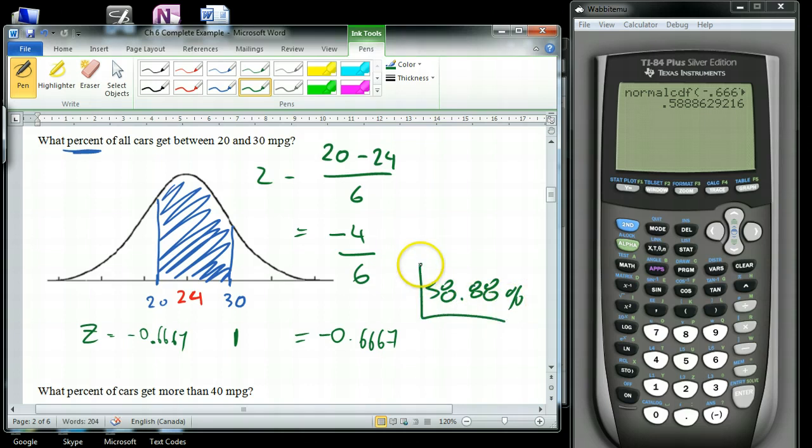So the full answer here would be, according to the normal model, we expect 58.88% of all vehicles to get between 20 and 30 miles per gallon.